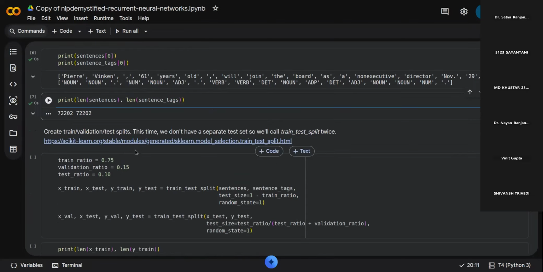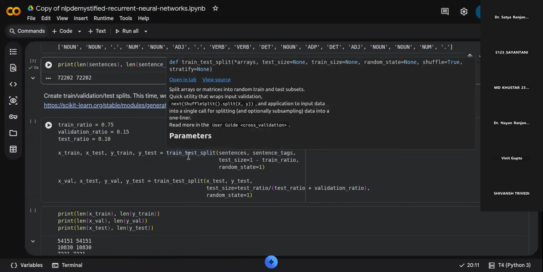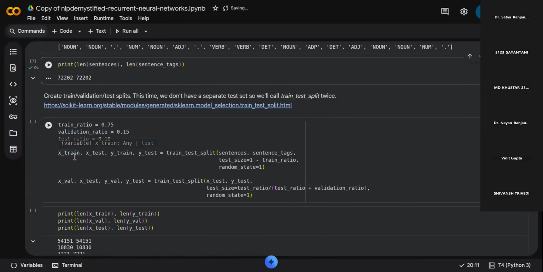Okay, now your data set is there, we need to split it into training, testing, and validation. So here the train ratio is 75%, validation is 15%, and test ratio is 10%. I am applying train test split two times. The first time on the whole data set, it creates train and test. Then on the test set, I apply it again to divide it into two parts: one is test, another one is validation.